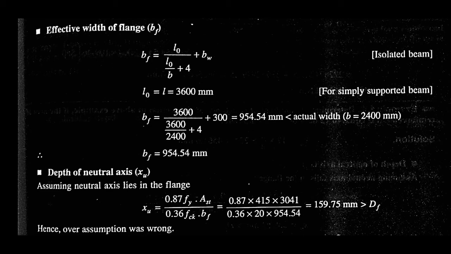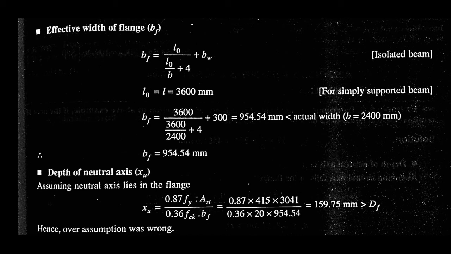That is 0.87 into 415, that is Fy, into 3041, that is AST, by 0.36 into 20, that is FCK, into 954.54, that is BF, which is equal to 159.75 mm, and which is greater than DF, the depth of flange. That means our assumption was wrong.